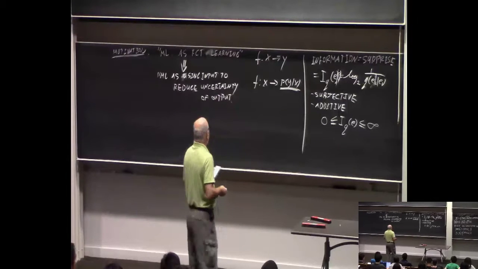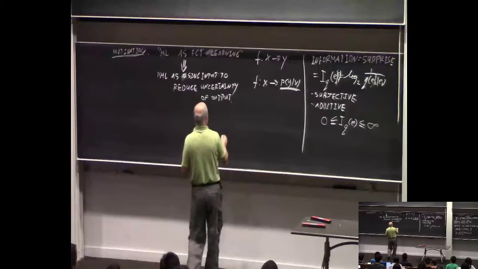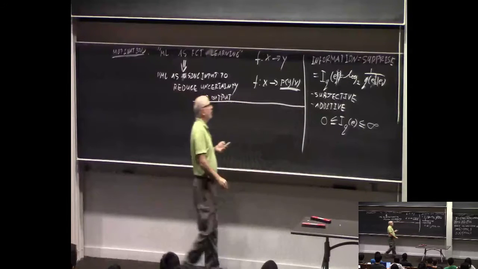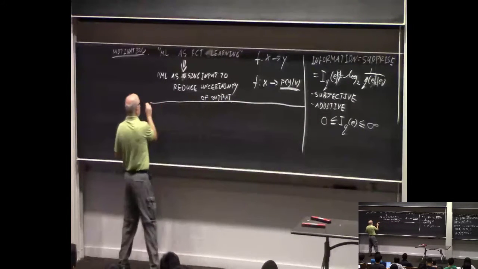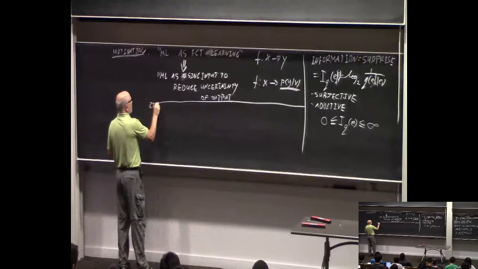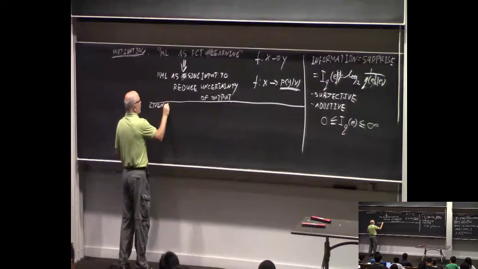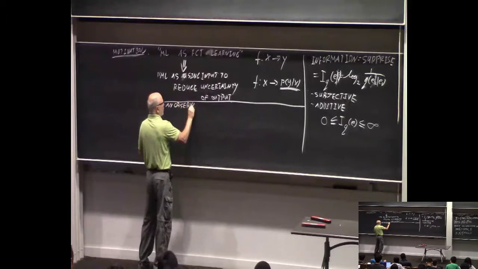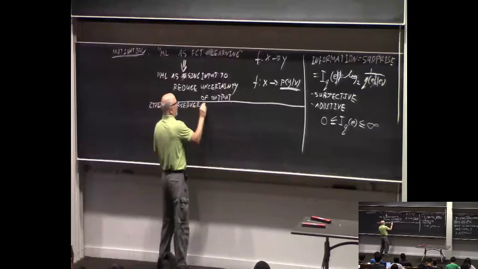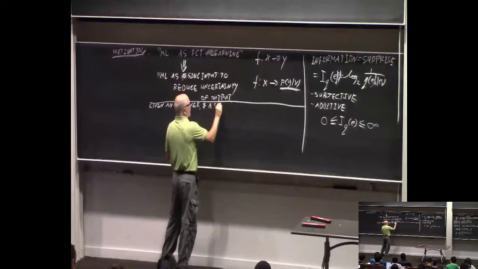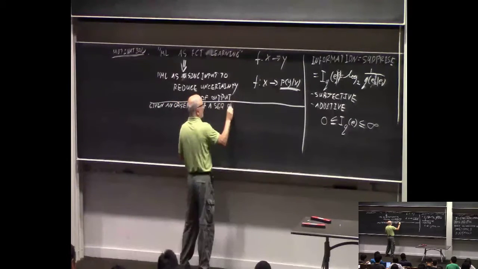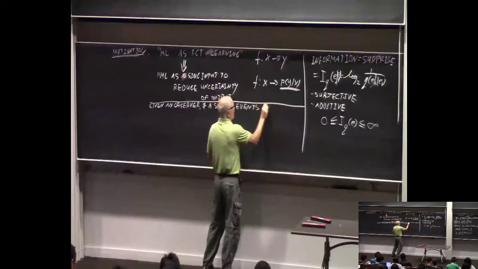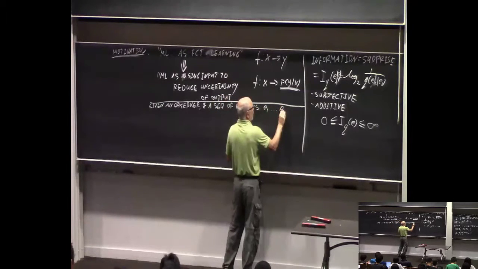Okay, next I want to define an average surprise, given an observer, that's you, and a sequence of events, E1 through En.